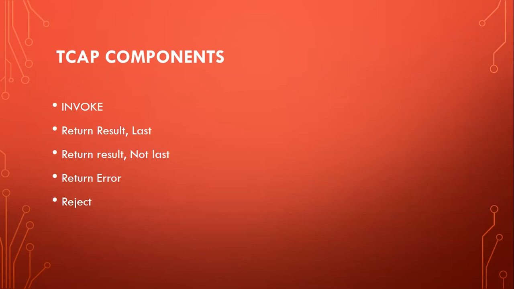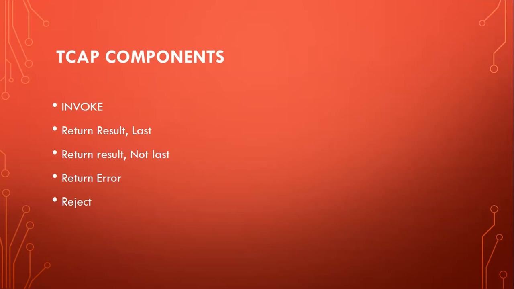These two, return result last and return result not last, they actually work in almost a similar manner, but one is a negation of the other, if I can say that. The invoke component is used for requesting an operation. The return result last is used to send a final response to an invoke, which carries the final information of an operation.